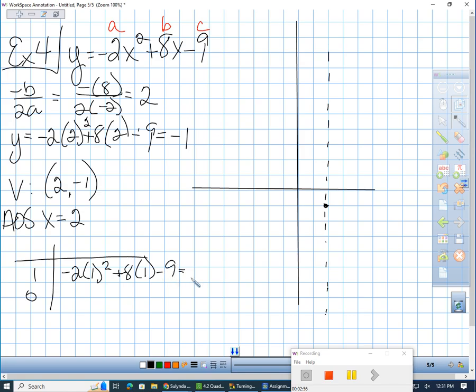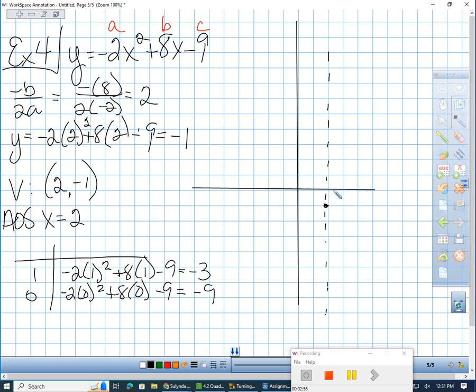So I got negative 2 plus 8 is 6, minus 9 is negative 3. And then I have negative 2 times 0 squared plus 8 times 0 minus 9. Gives me negative 9.